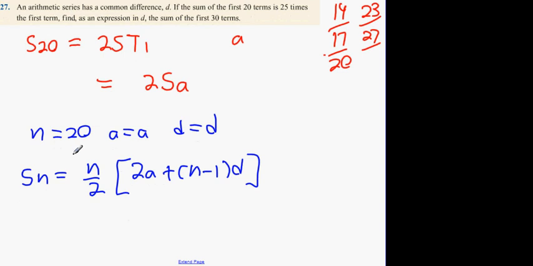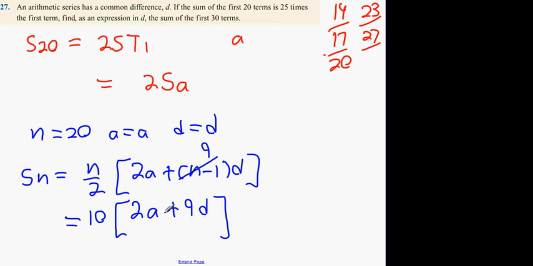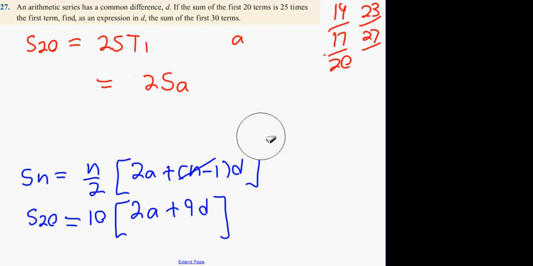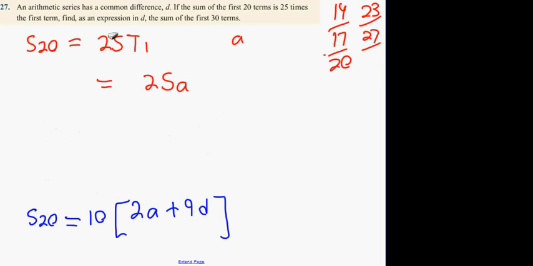And what we get is 20 divided by 2 is 10, so it's going to be 10 times 2a plus 9d. So 10 times 2a plus 9d is what S20 is. Now, S20 equals 25a.